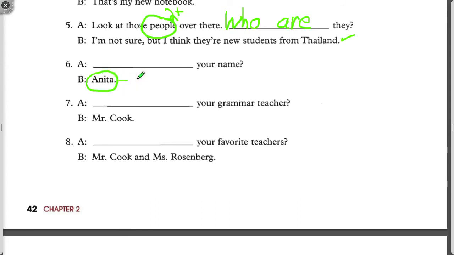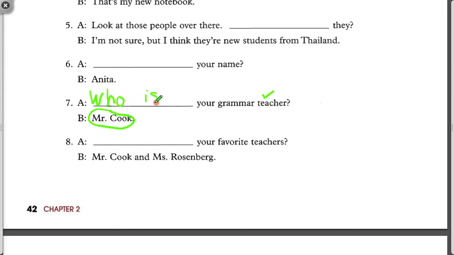Now you think, okay, it's a person, but you're asking for the name. The name as a thing, okay? So here you would have to say what? What is your name? Now here you would say who, because it's a person. You're asking for the teacher. Who is your grammar teacher?